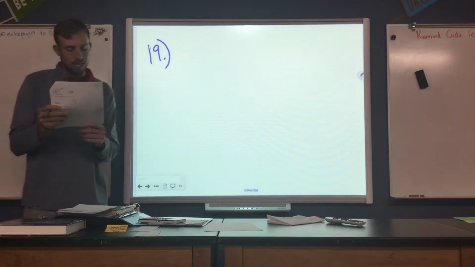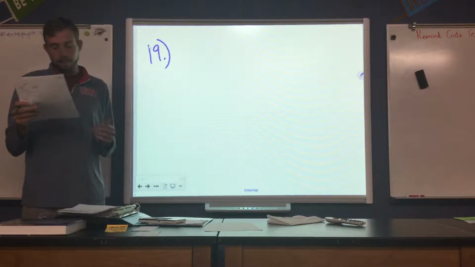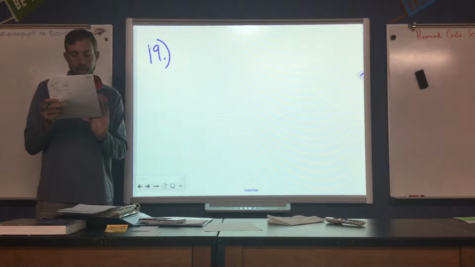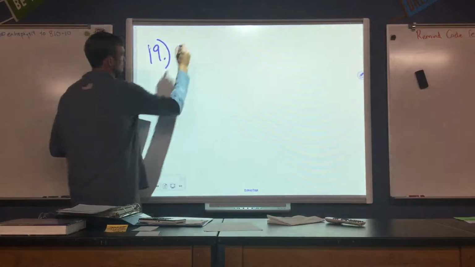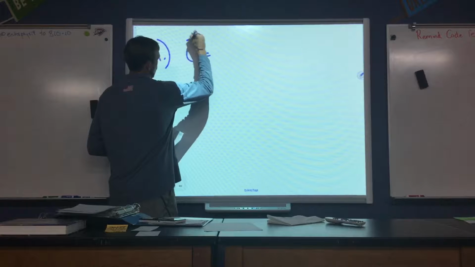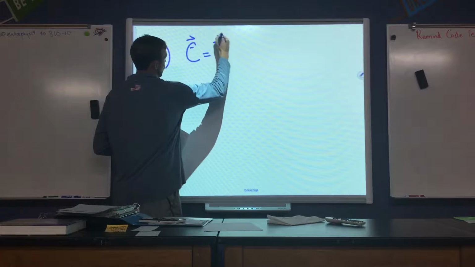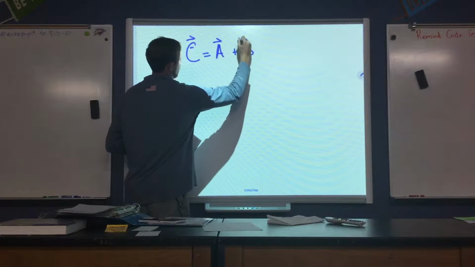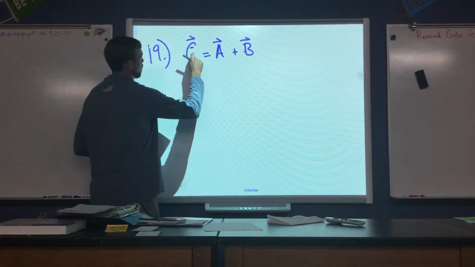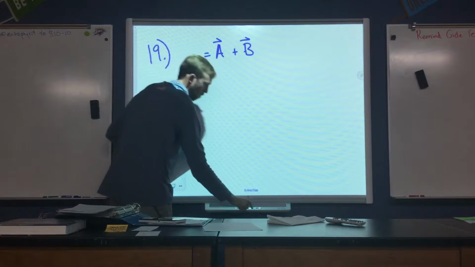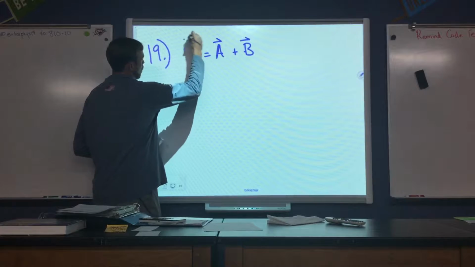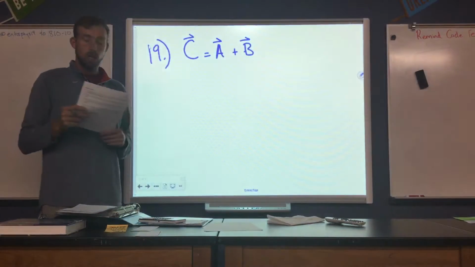So question 19 says this. Define vector C such that C is equal to A plus B. So we're saying that vector C is equal to vector A plus vector B. Okay, so here's what we're given.